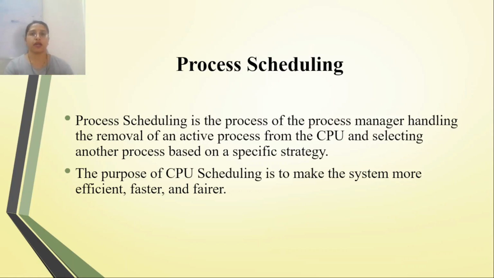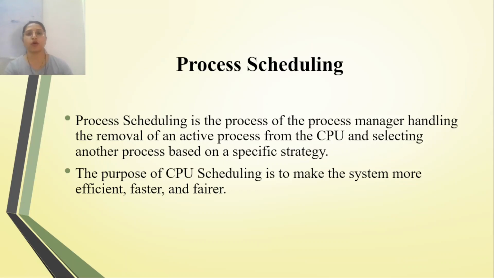Some operating systems might implement first come first serve. Some systems might implement the round robin technique. Some will implement the preemptive time share system. So in process scheduling, what actually happens is that the CPU will not be dedicated to a process for the whole time.